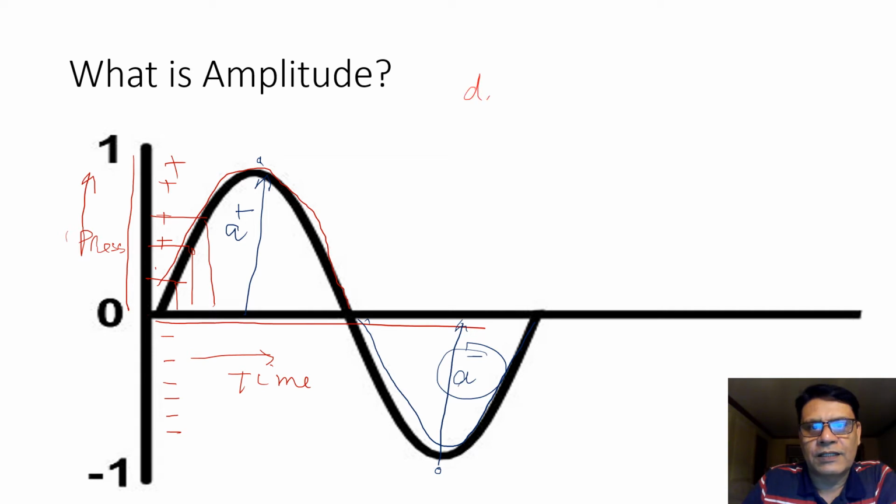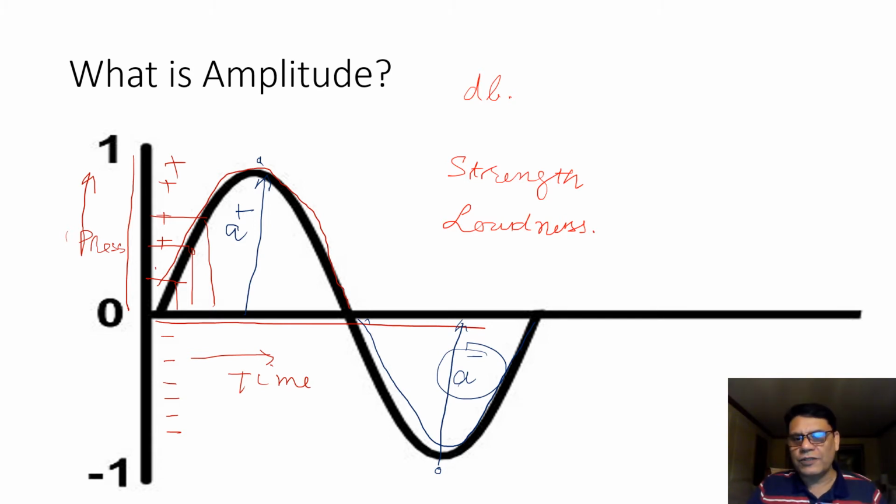So amplitude is represented in decibels, and it represents the height of a wave, the strength of the wave, the loudness of the wave, that is, how loud the sound wave is.